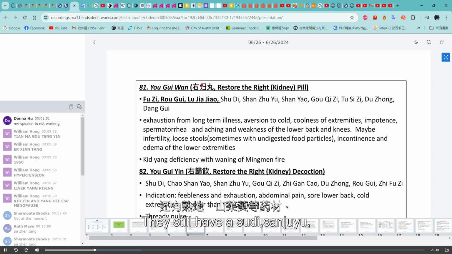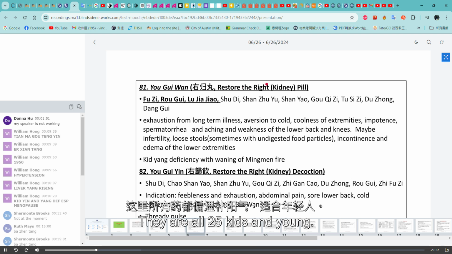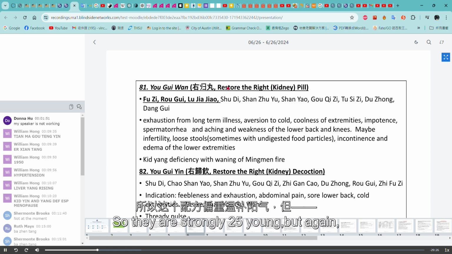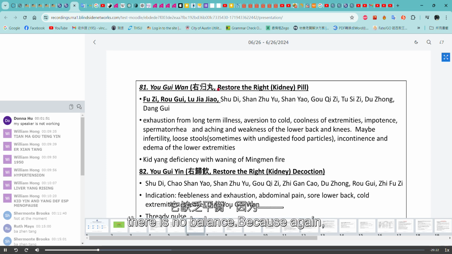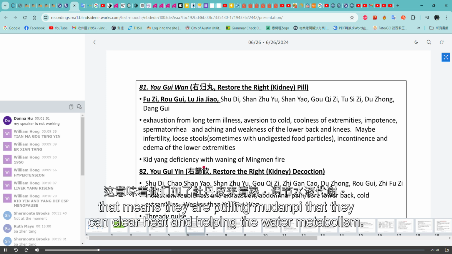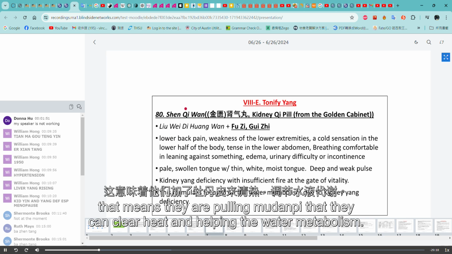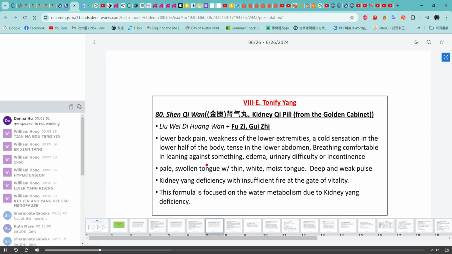They still have Shudi, Shan Zhu Yu, and Shanyao, the yin aspect, from Liu Wei Di Huang Wan. And Gouqizi, Tusizi, and Duzhong all tonify kidney yang. So they strongly tonify yang, but there's no balance, because Liu Wei Di Huang Wan has Zexie and Mudanpi that clear heat and help water metabolism.